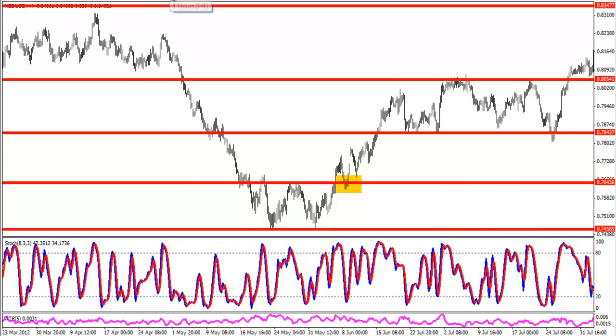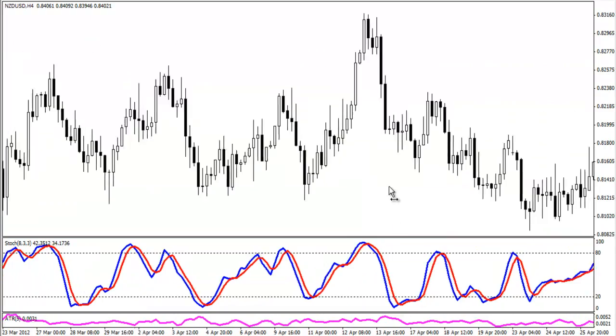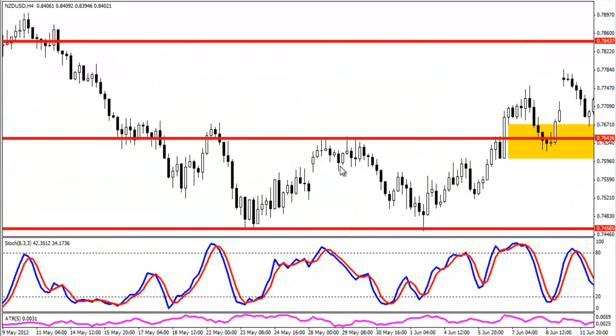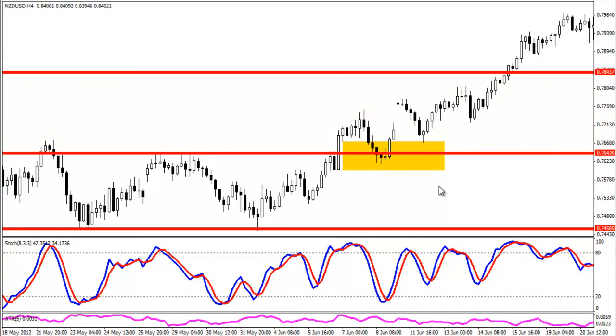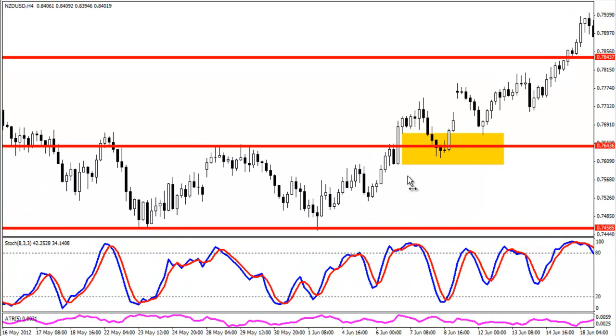So now that we've gone to the 4-hourly time frame, we can see the daily levels are still marked here. We're going to zoom into that key area, which is highlighted in yellow. Now the interesting part here is that we have actually got several different reasons to want to take this trade to the upside.